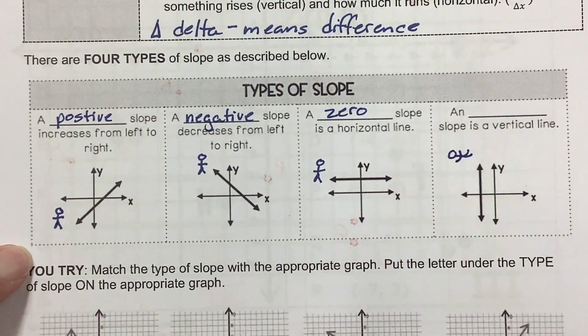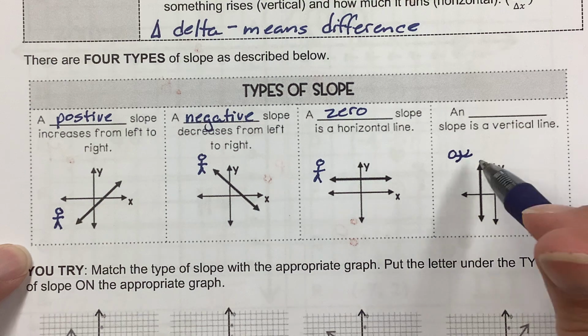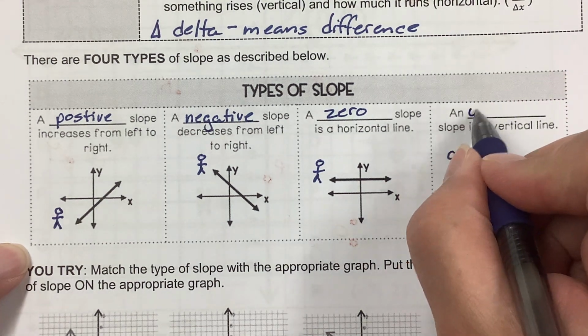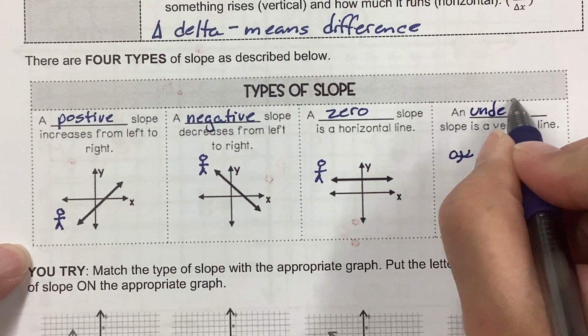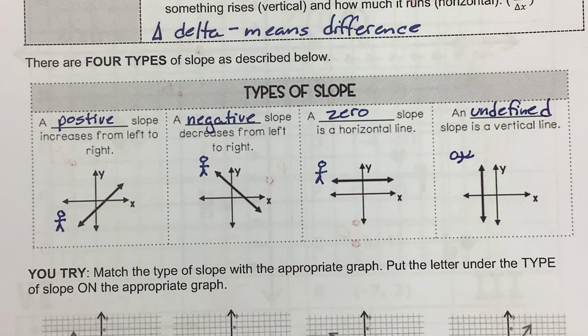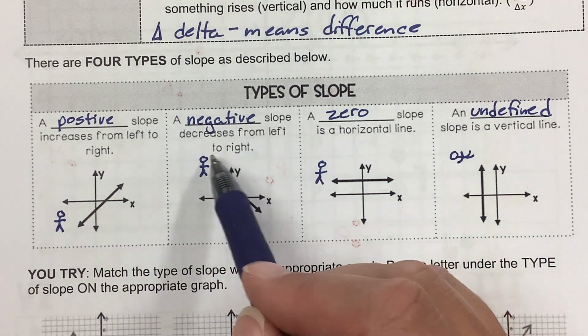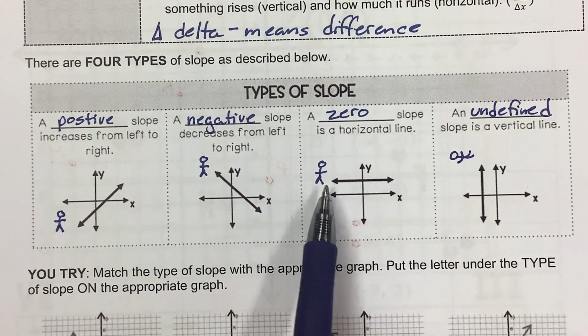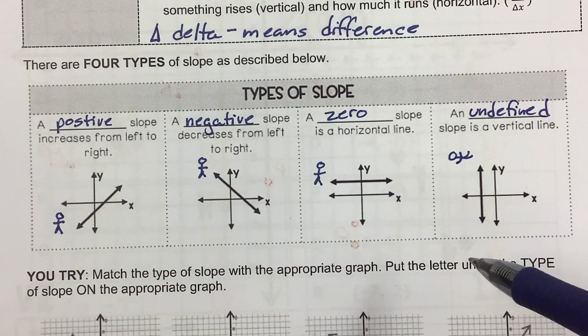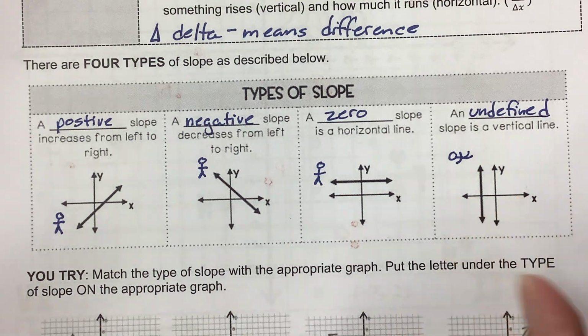He's just going to fall straight down because this is an impossible, undefined slope. So those are the 4 types of slope we're going to be talking about. Positive, where you have to go up. Negative, where you're walking down. Zero, oh, so easy to be zero. And then, oh God, undefined, falling down.